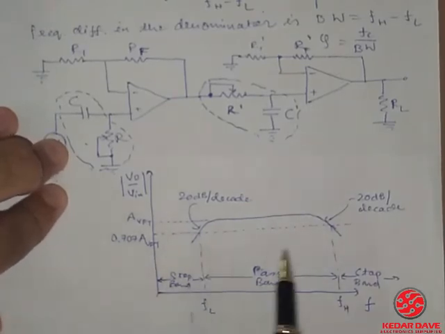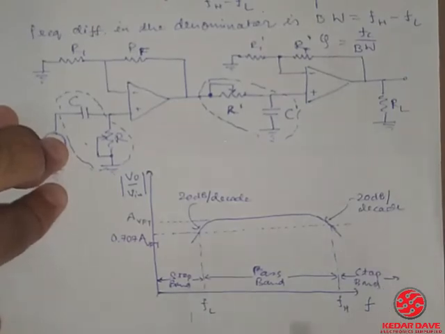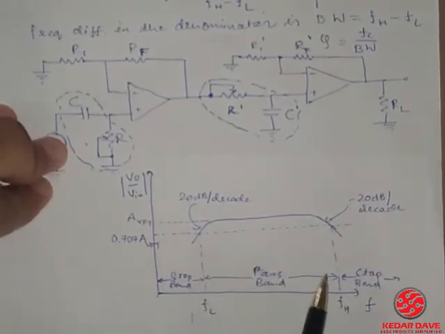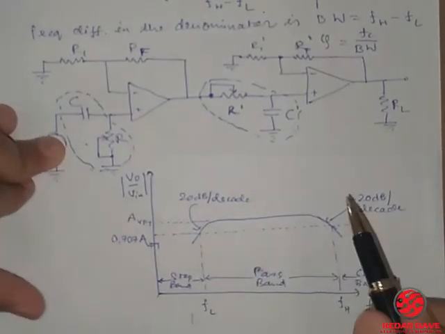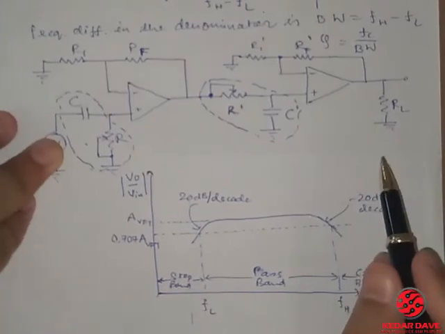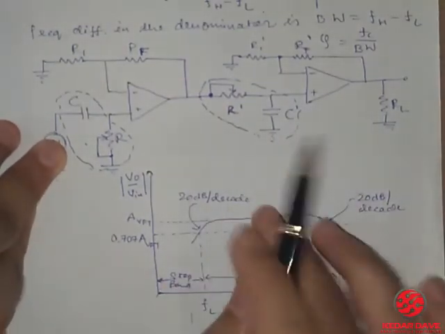Before this lower frequency there will be a stop band, after this higher frequency there will be a stop band, and in between there will be a pass band. This way the output can be achieved by this band pass filter.